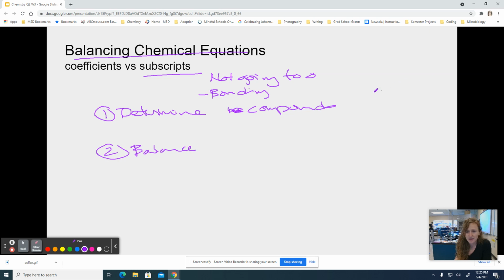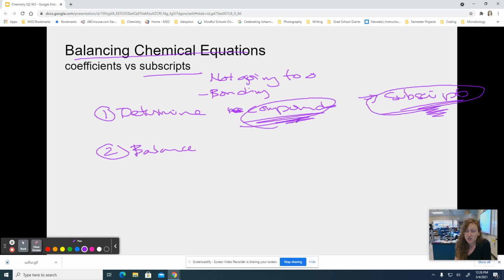So this first step is done with the subscripts. And then you don't touch the subscripts after that. Once you determine what those compounds are, you can't change the subscripts, or you end up changing the compounds. So rather than changing the subscripts to balance the reactant and product side, we're going to change the coefficient.